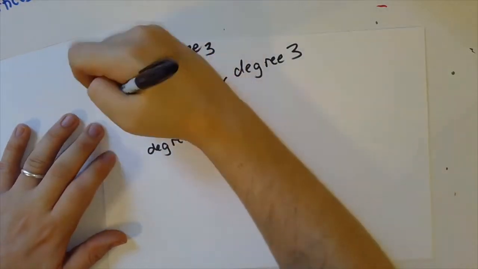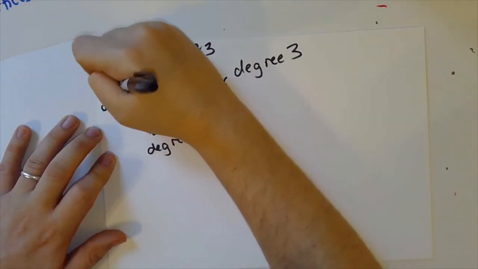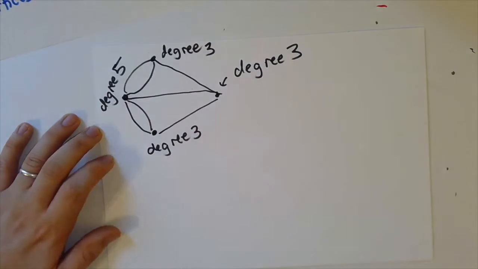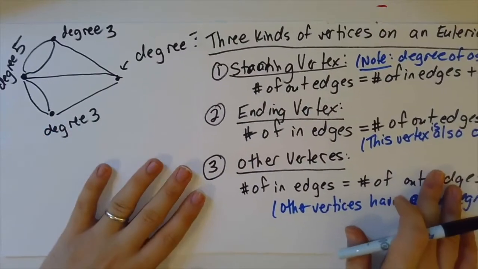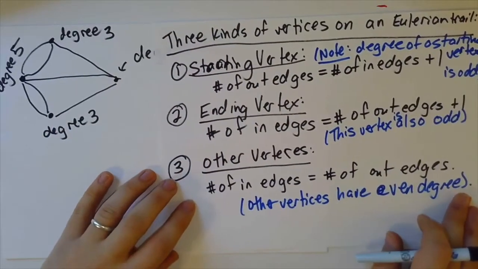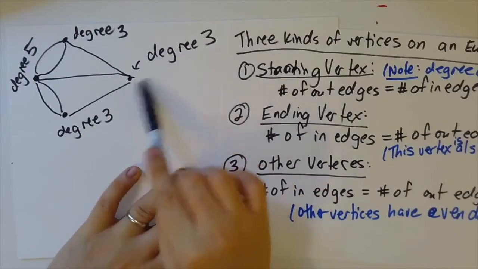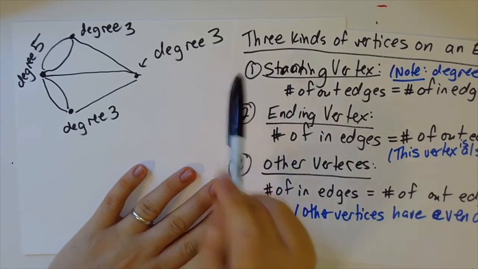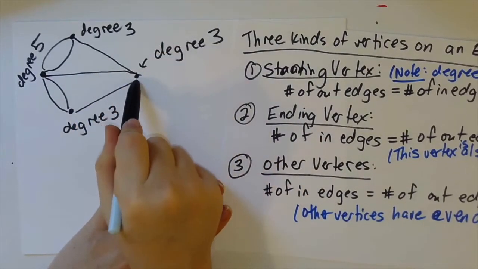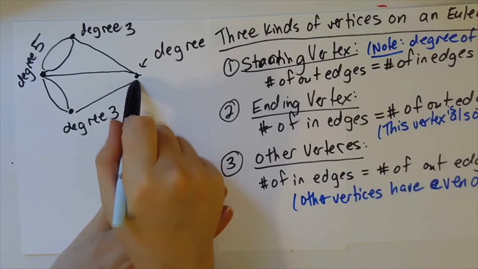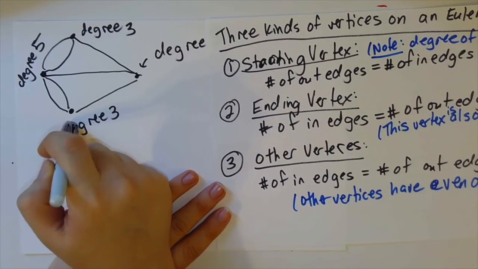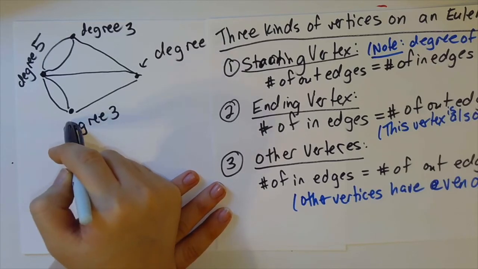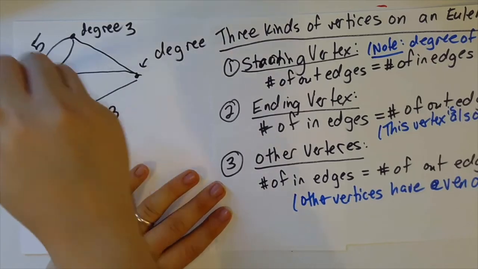And this is degree 5. Okay, so if you believed what I wrote here, then this vertex, because its degree is 3, it has to be either the starting or ending vertex of an Eulerian trail. This one also must be the starting or ending vertex of an Eulerian trail. And same with this one, and same with this one.